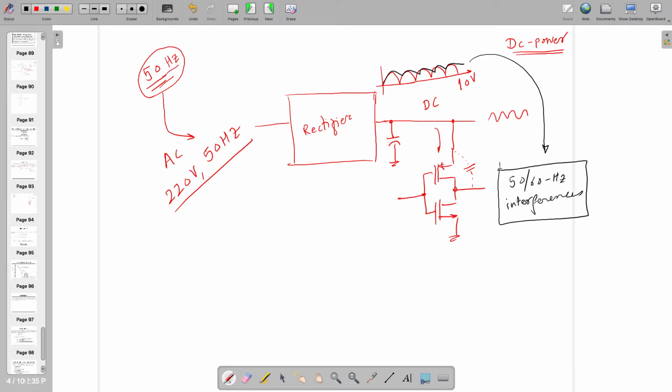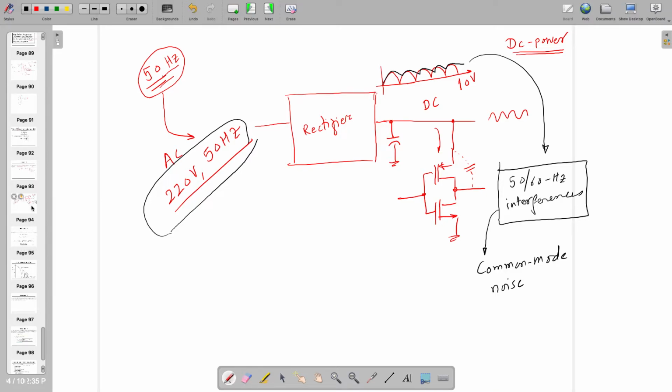It's because when you are converting this AC signal to DC, because of the rectifier, some multiple of 50 is going to happen. Even if you are getting some kilohertz, that kilohertz will be a multiple of 50. So it's derived from here only, and because of this circuit we call it 50 or 60 hertz interference. This is also known as common mode noise, by the way. All analog engineers call it common mode noise.